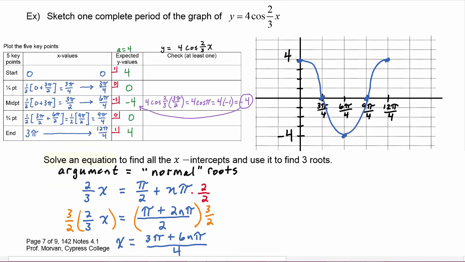And this is our equation which will find all the roots. Now we're going to use that equation to find 3 roots. Remember that n is an integer, so we're going to be plugging in for n to find out the value of the root.